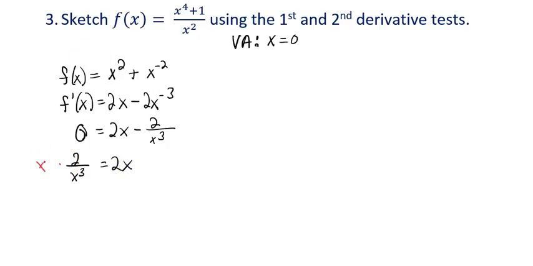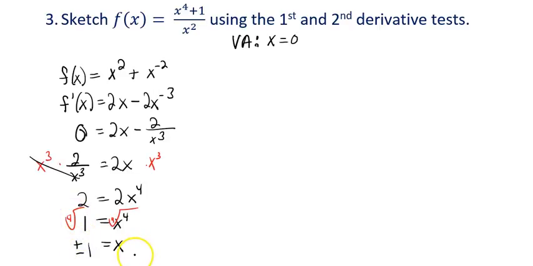And then I'm going to multiply both sides by x cubed. And so that's going to give me 2 equals 2x to the 4th. Divide by 2. And then when I take the 4th root of each side, then I get the positive and negative versions of this. So that would be positive and negative 1. It's actually 2 answers.